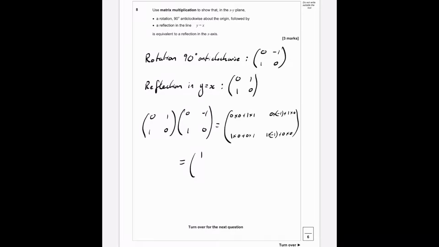And that comes out as 1, 0, 0, minus 1. For some reason I forgot the minus 1 in the bottom right hand corner there. I'm sure you didn't. And that is a reflection in the x-axis, which is what the question wanted us to do.